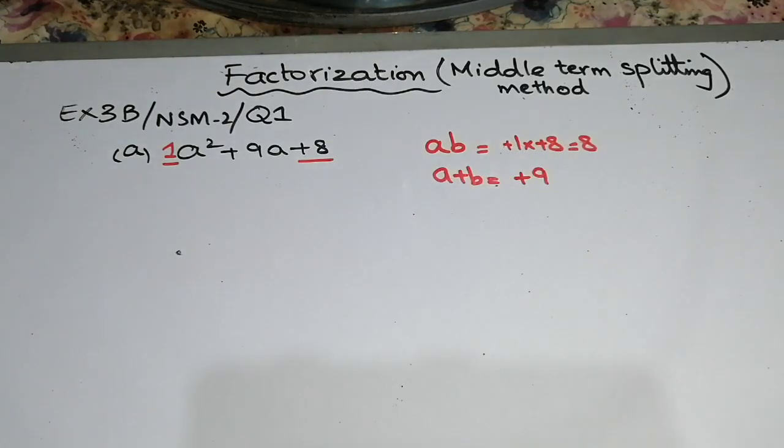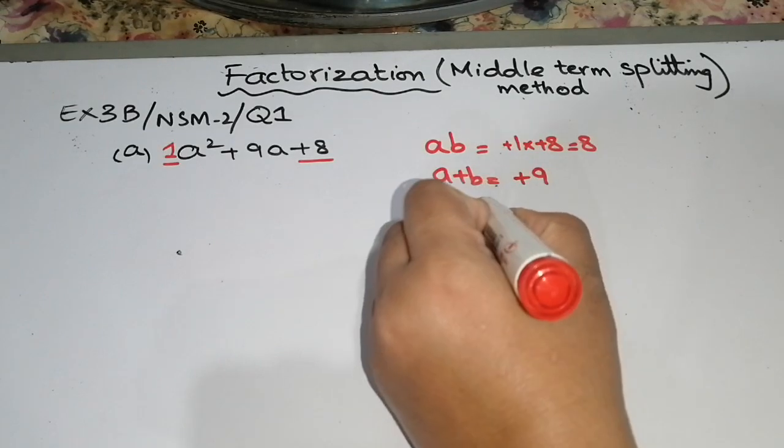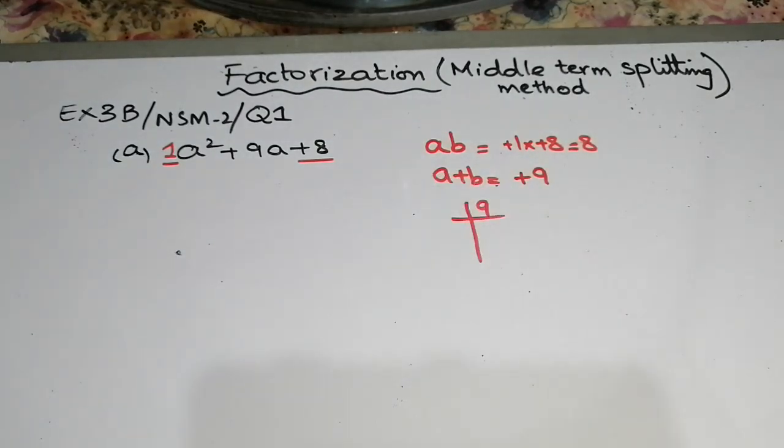Now A plus B must be the coefficient of the middle term, which is plus 9 here. So basically I need to find two numbers in which I can split 9A in such a way that if we multiply those two numbers, we get plus 8, and if we add those two numbers, we get plus 9. Here I need to do the prime factorization of 8.